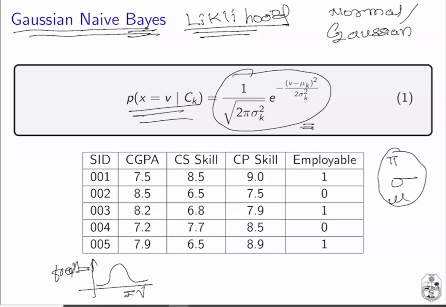So if you make this assumption, those classifiers are called the Gaussian naive Bayes classifiers, in which the likelihood function is calculated using this function.